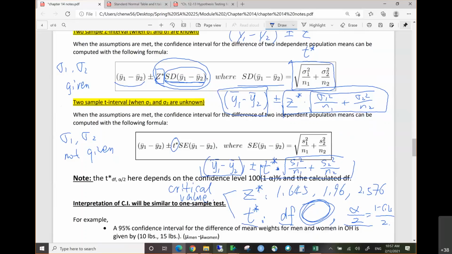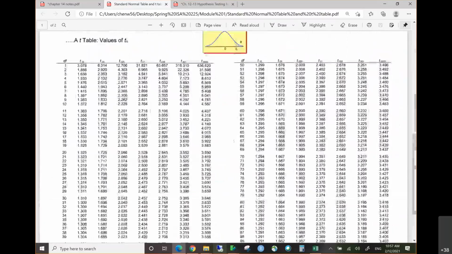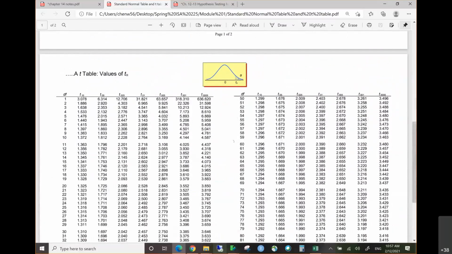So let's review a little bit. I see your confused face. Let's go to the t table. For example, let's say my degree of freedom is calculated as 61, and I want a 90% confidence interval. What is your t star?